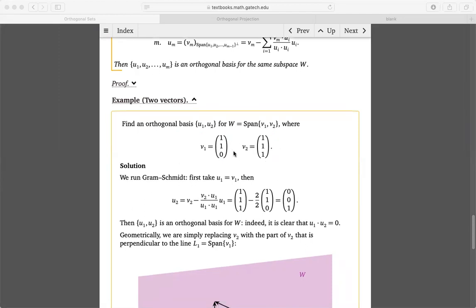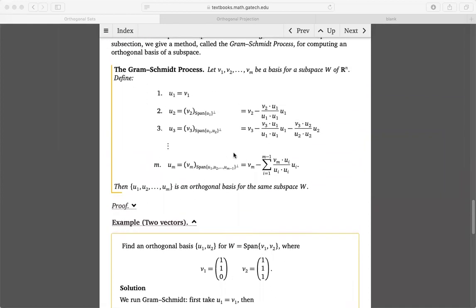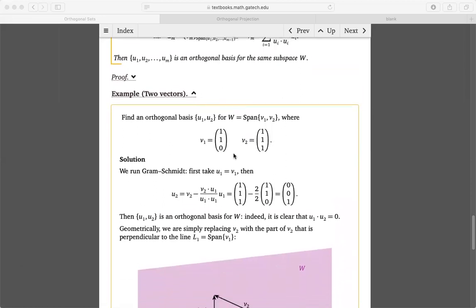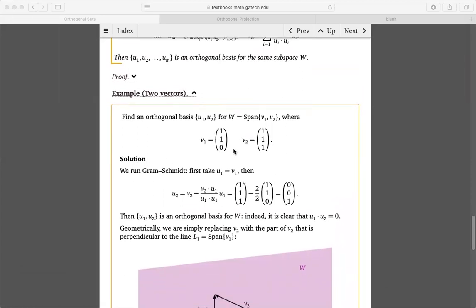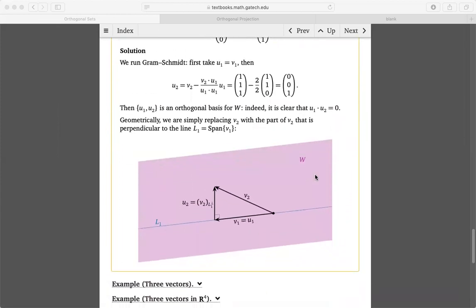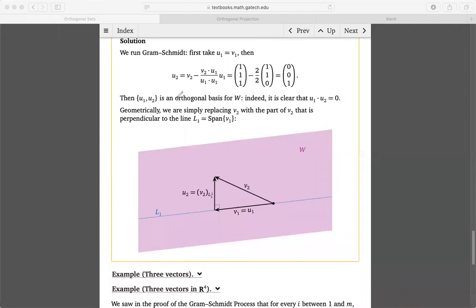Before we actually apply the Gram-Schmidt process, before we apply this formula, since we're dealing with vectors in 3 dimensions and there are only 2 of them, we can actually visualize this. So let's look at the visual first. Here we have our first vector, v1, and this is our second vector, v2.